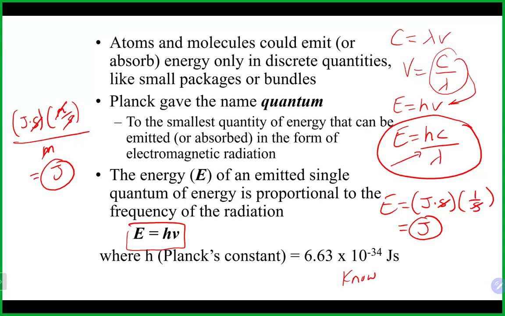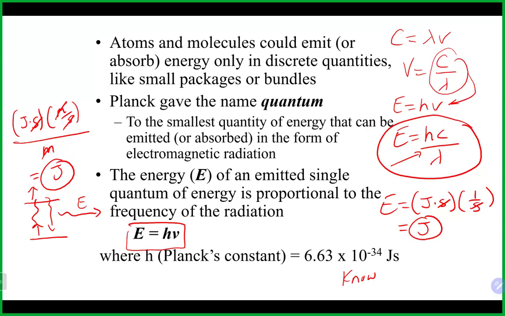So what we're referring to in this situation is that electron that goes up to a higher energy level and then comes back down, and that energy is given off in the form of a wave as it transitions back down.